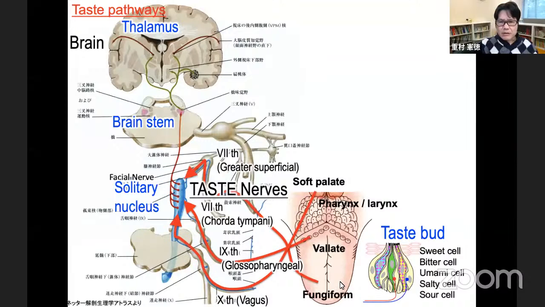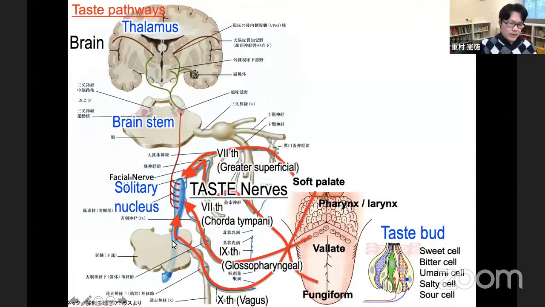And taste buds are also located in the soft palate and pharynx. So these are innervated by the greater petrosal branch of the facial nerve and the vagus nerve.